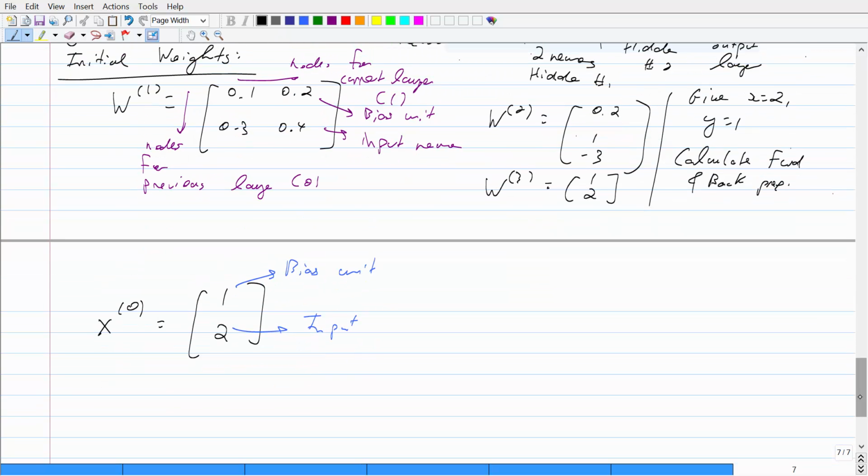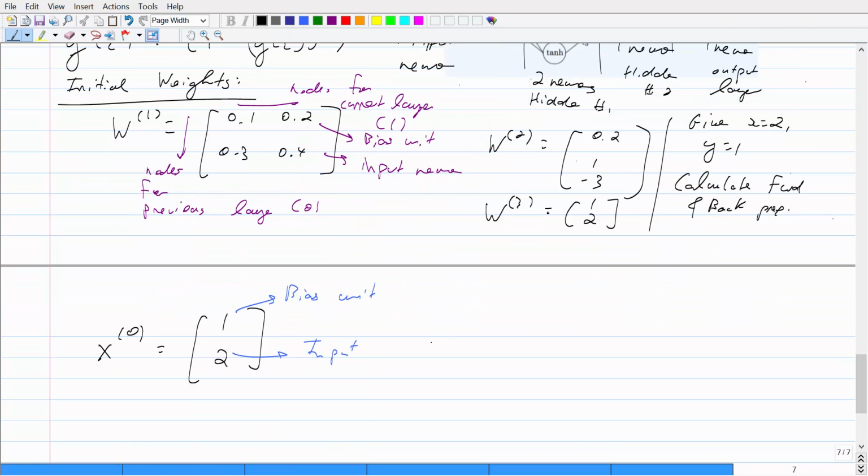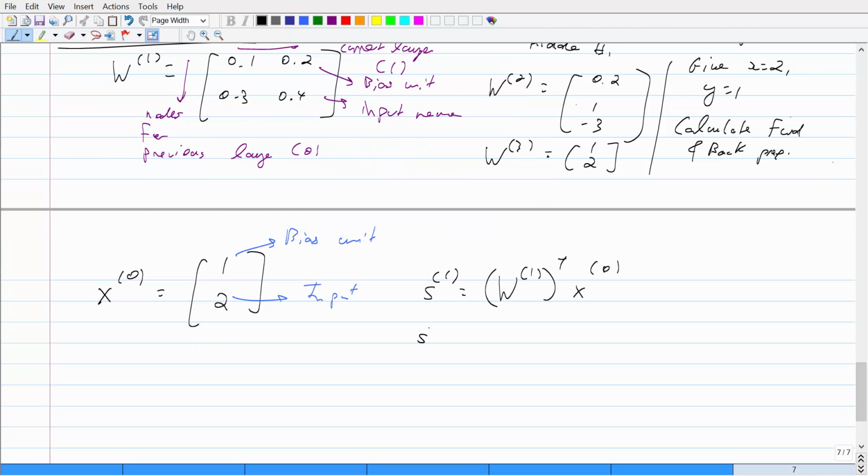Okay, so now what you want to do is calculate all the inputs that are coming into the first hidden layer. If you remember what that was, you just did a lab recently, it's equal to, you take the matrix that goes from the previous to the current layer, you take the transpose, then you multiply by the inputs that are coming in. Okay, so you just have to transpose W1.